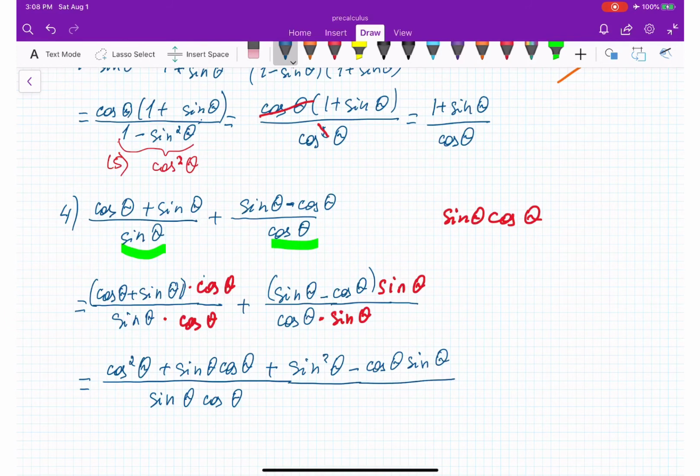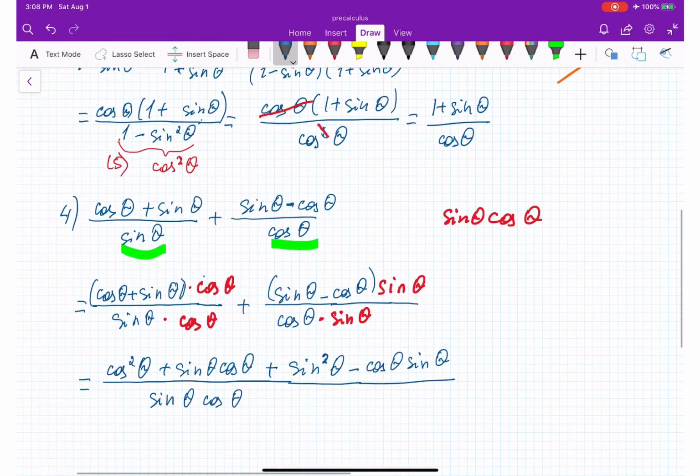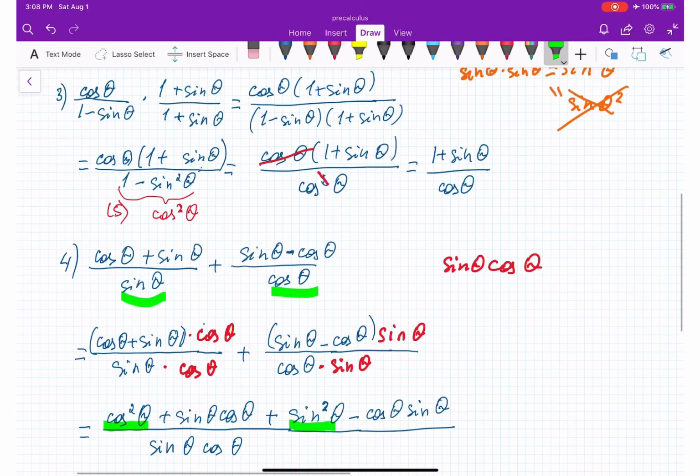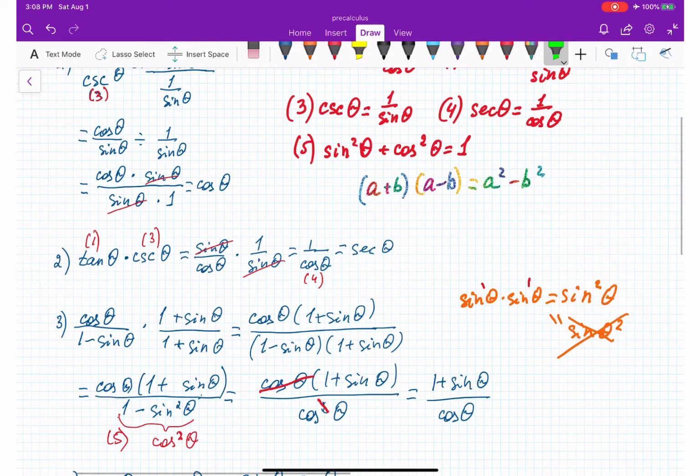Okay, we got a long polynomial. So what can we do here? What do we have here that's interesting? We have cosine squared theta and we have sine squared theta. And that is going to give me 1. Here is this formula: sine squared theta plus cosine squared theta equals 1.